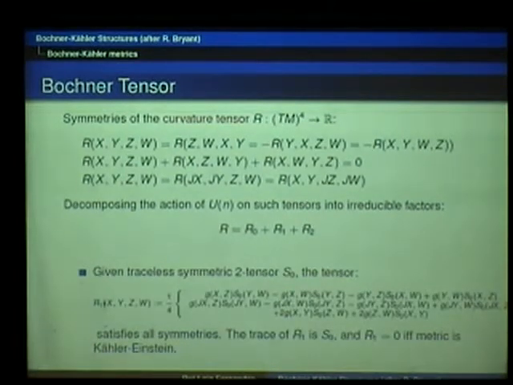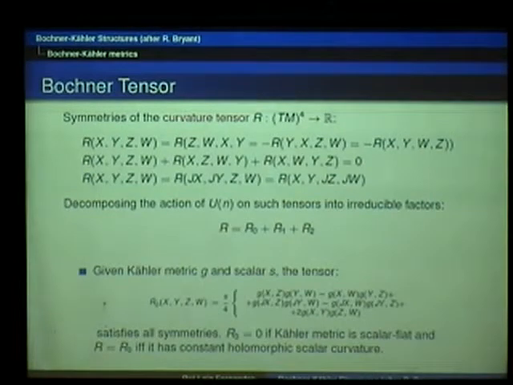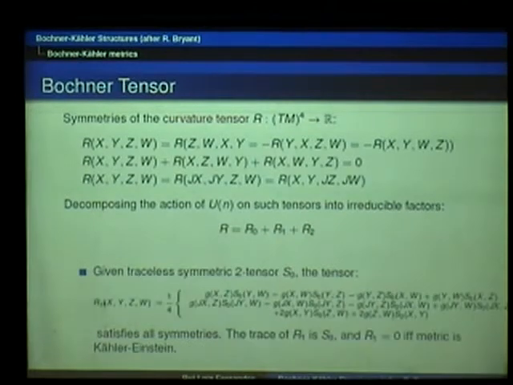Now for the second term, you can pick this expression and start replacing one of the g's by a traceless symmetric tensor S, and we get a new expression that also satisfies those symmetries. And this expression has the particularity that its trace is this tensor S that we picked. In the end, we'll see that for a Kähler metric, this R1 will be 0 precisely if the metric is Kähler-Einstein.